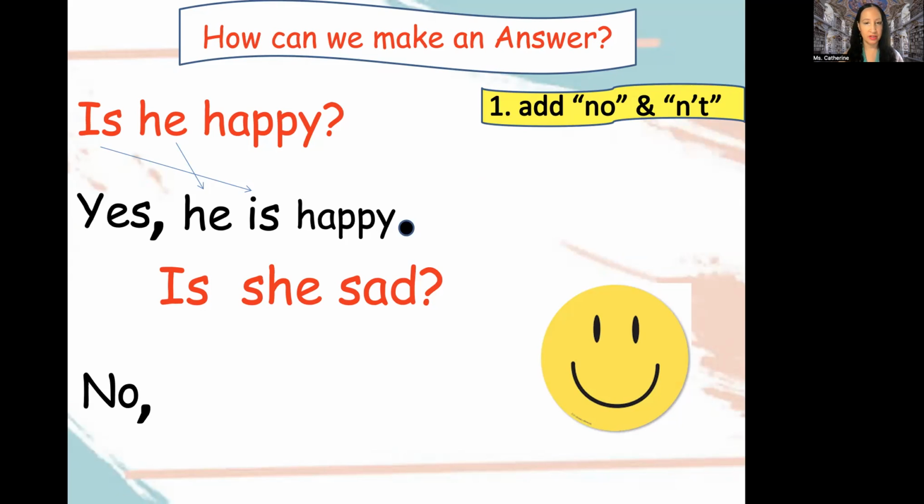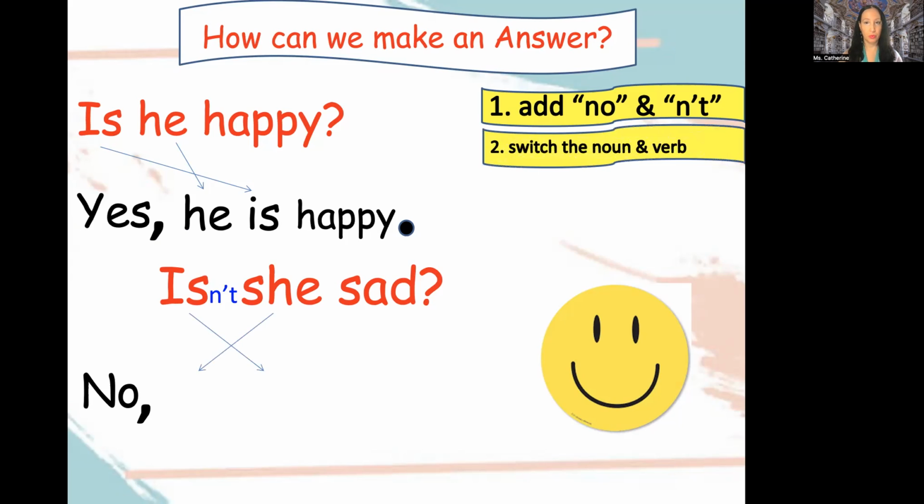Why are we pausing? Because we are answering the question whether it's a negative form or the positive form. Now we add no and the n apostrophe T because we are making it a negative form. We are switching the noun and the verb.